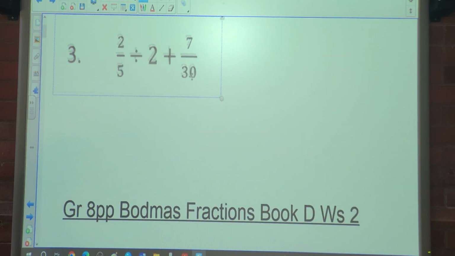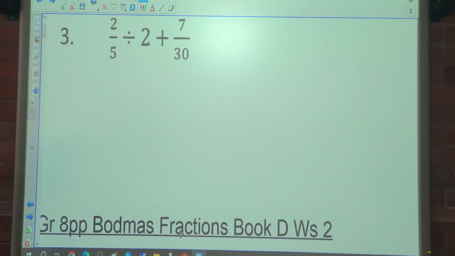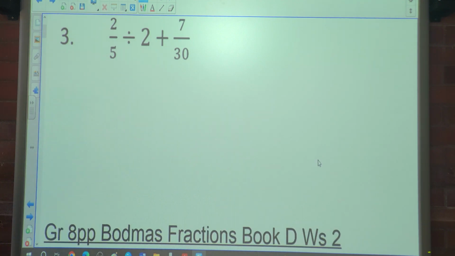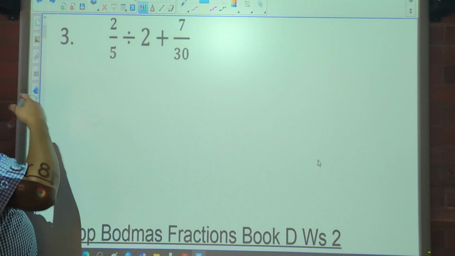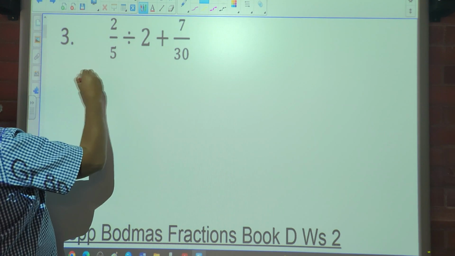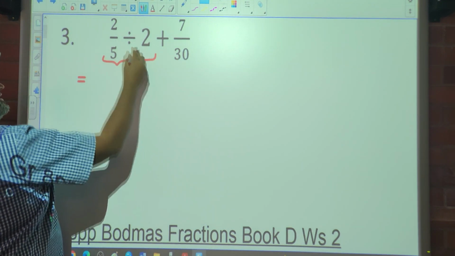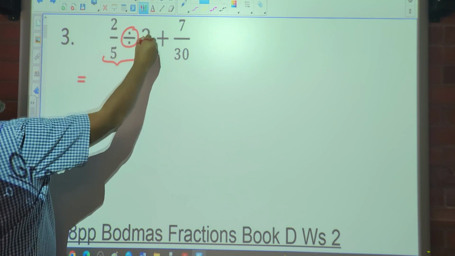Number 3. So you've got 2 fifths divided by 2 plus 7 over 30. So we have division and addition. What must be done first? Division. So this will change to multiplication, tumble and times.